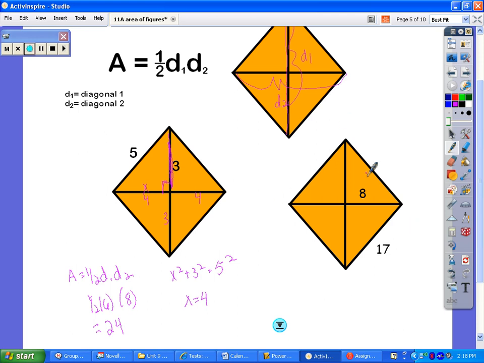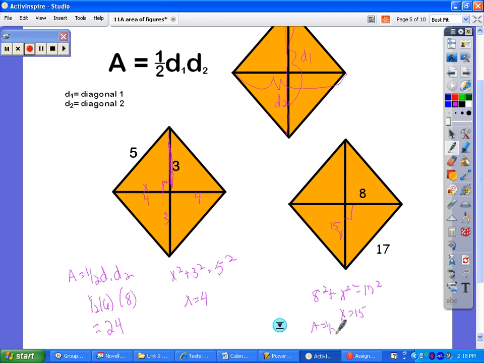This example is the same idea. We have a right triangle, 17, 8. We use Pythagorean theorem to find the missing side. And then we solve it. And so you get x to be 15. And then we need the length of the whole diagonal for both of them.